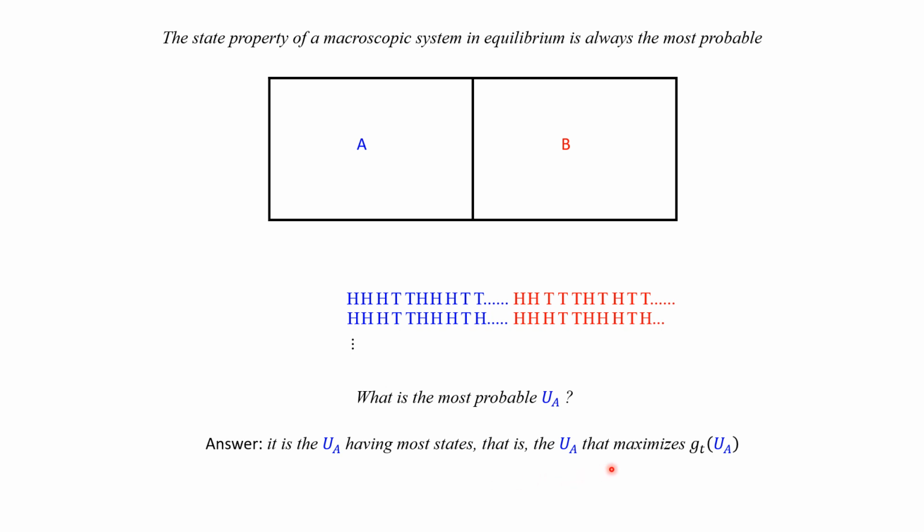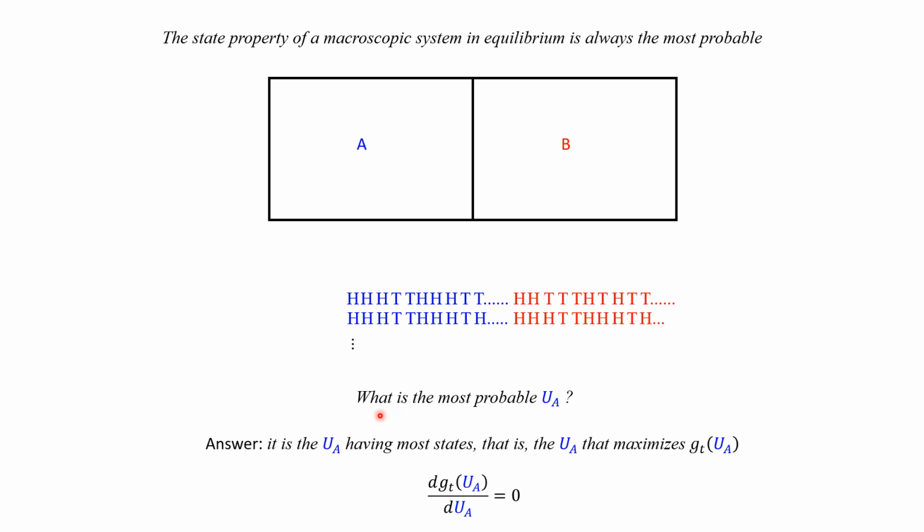Since the number of states is given by the multiplicity, mathematically we are asking which value of energy, UA, maximizes the multiplicity. And we know from calculus that at a point of maximum, the derivative vanishes, so it's zero.